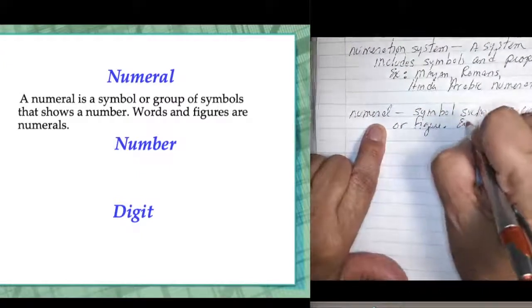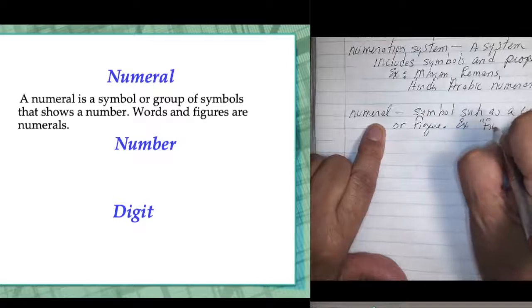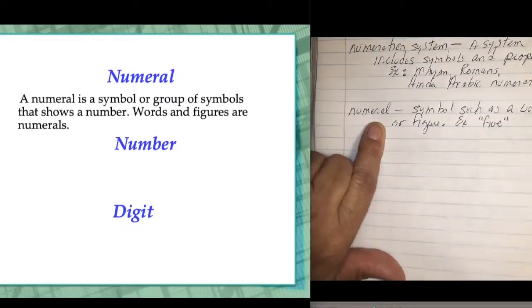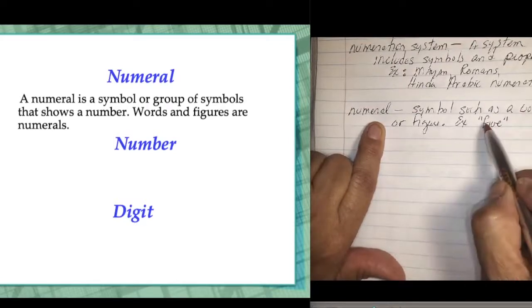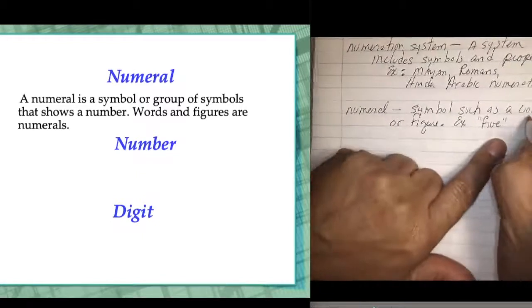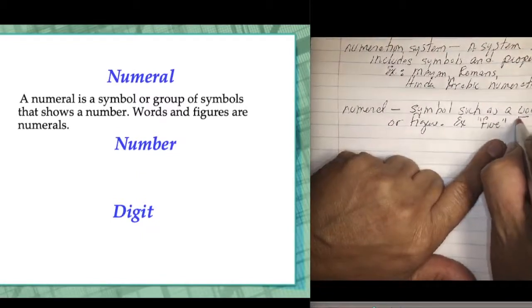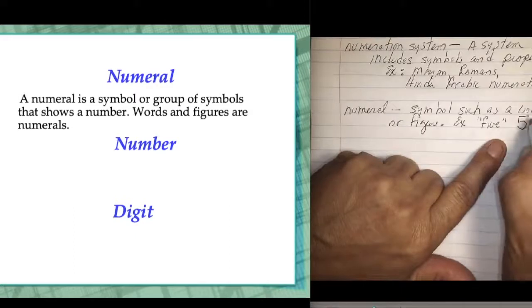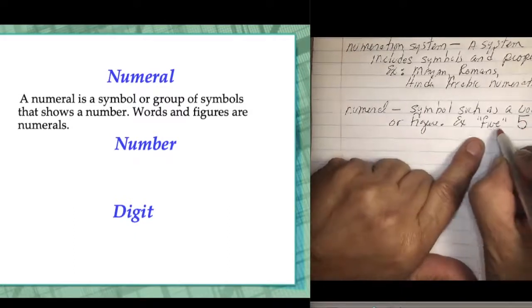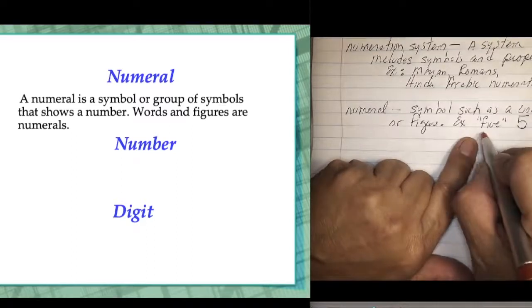For example, the word F-I-V-E. This word represents a number, right? But when I write it like this, I'm referring to the numeral. If I actually draw out the symbol here, I am referring to the numeral. So this is the numeral 5. This word represents the numeral 5.